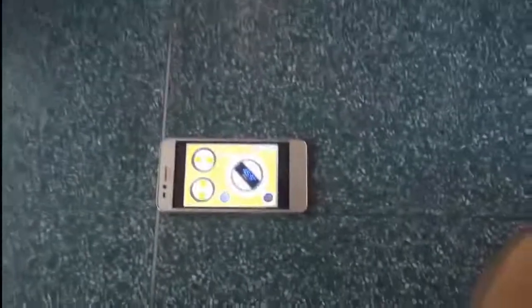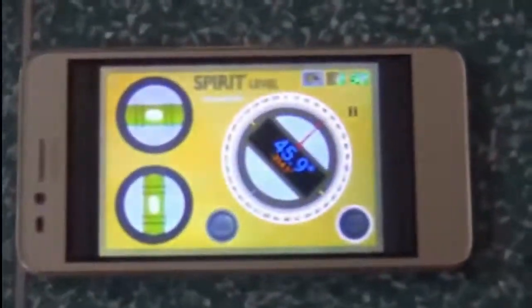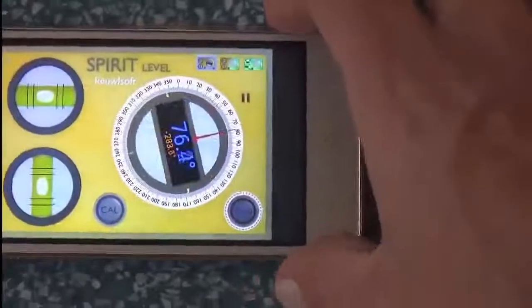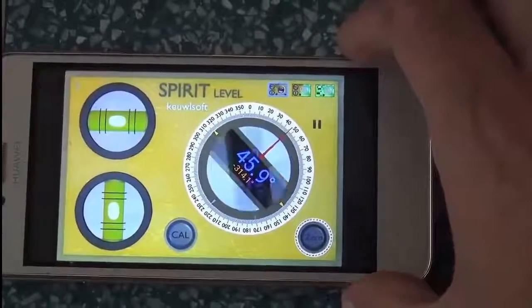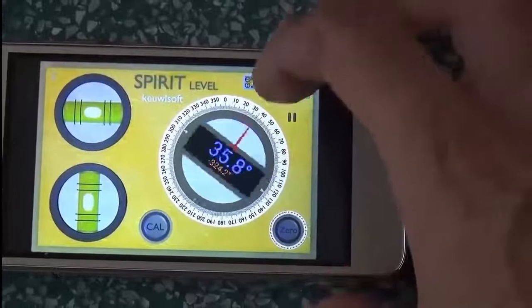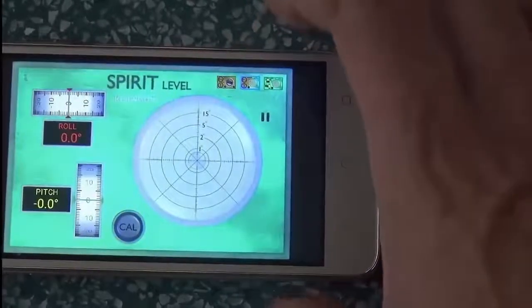This is Phuket International Airport, and I have the spirit level app on my phone here. You can see that when we tilt it, it moves. We can also change the view.